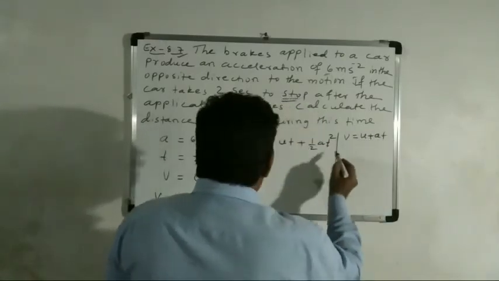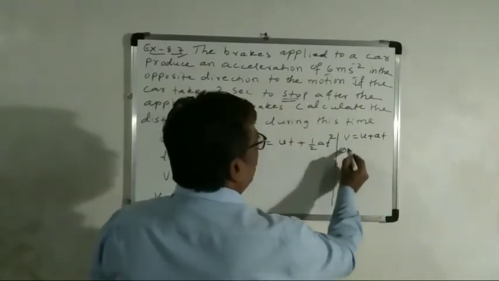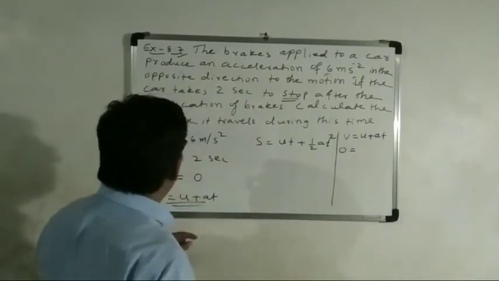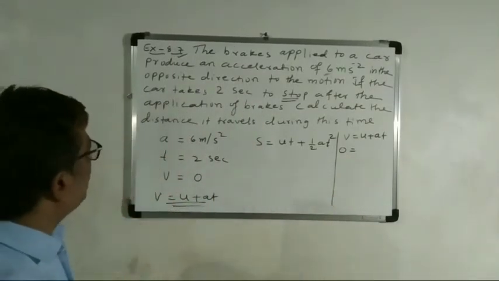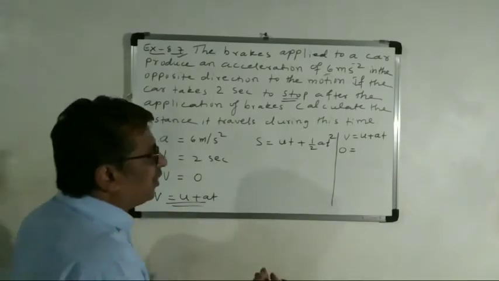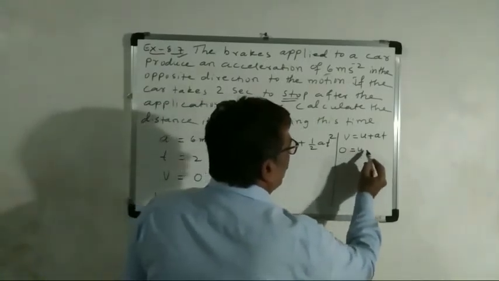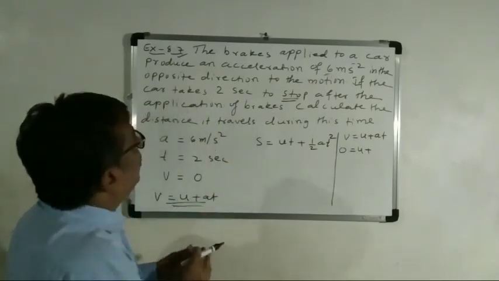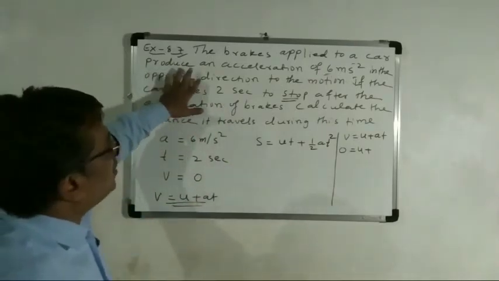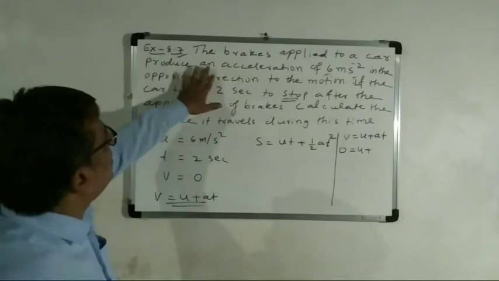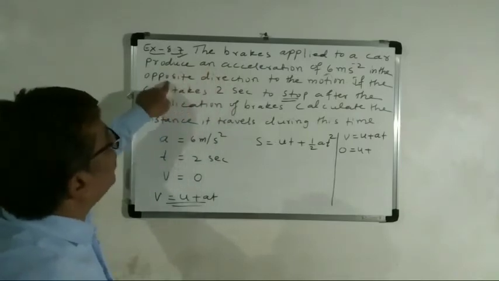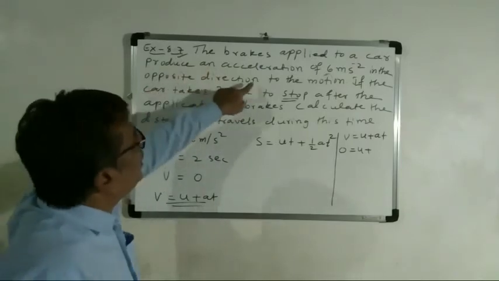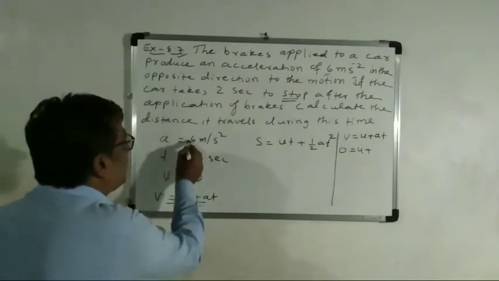Okay. So V is 0. U is how much? U is not given. A is, see, look here now. See, dear students, here you have to remember the acceleration is in the opposite direction. So that is why here the acceleration has a minus sign.